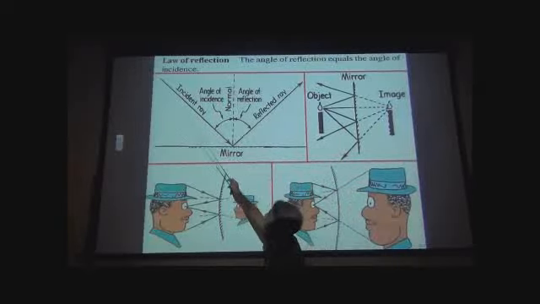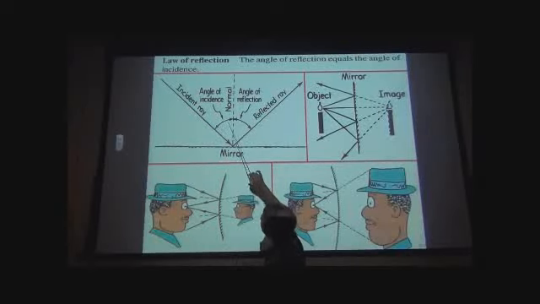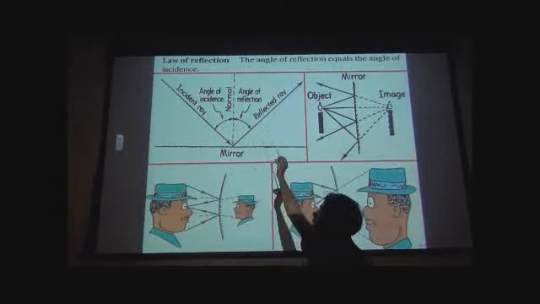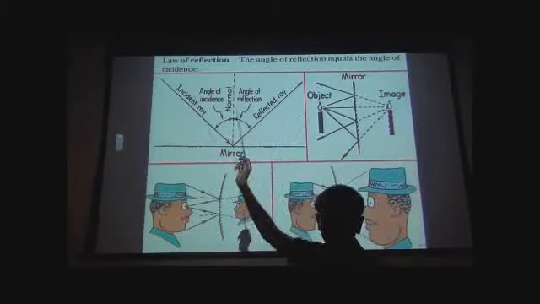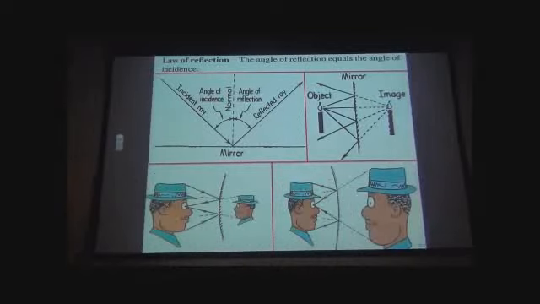Here's the normal to the mirror. The incident ray of light is coming into the mirror at a certain angle of incidence. So let's say that's 45 degrees. The angle of reflection will be exactly the same as the angle of incidence. That would be 45 degrees as well. And the reflected ray is bounced, if you will, off of the mirror, heading out in that direction, right?